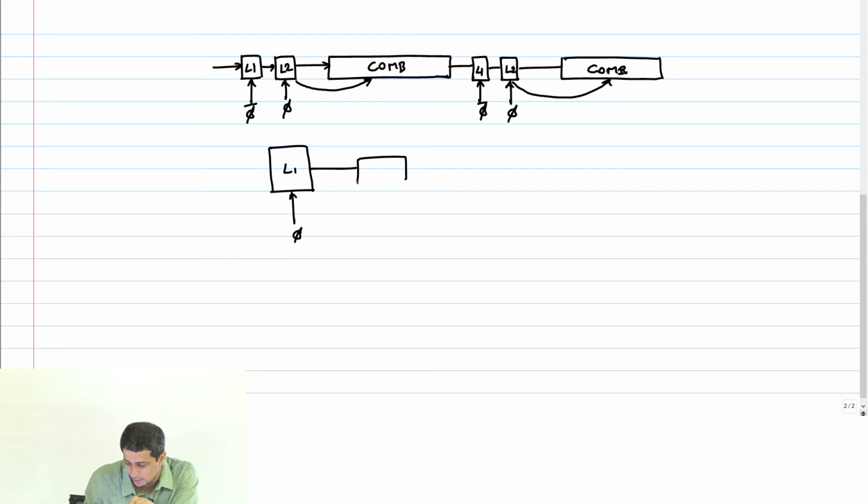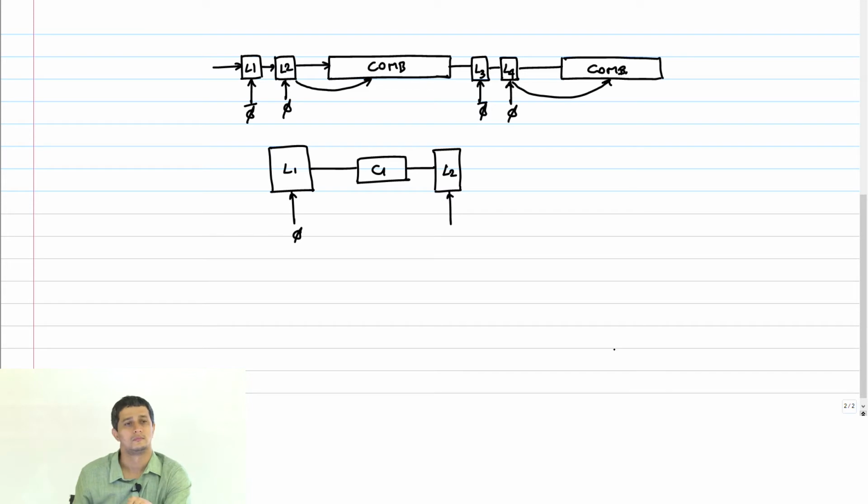I'm going to split this combinational block as C1, then insert my L2 here. Maybe I should call these L3 and L4. L2, C2. So this is combinational block C12, this is C34.